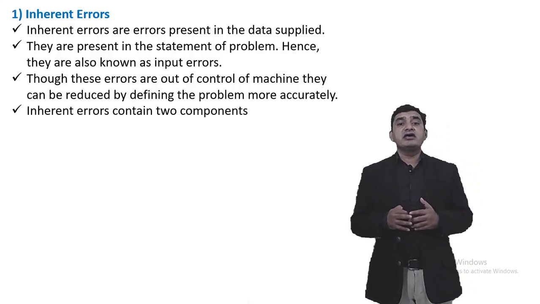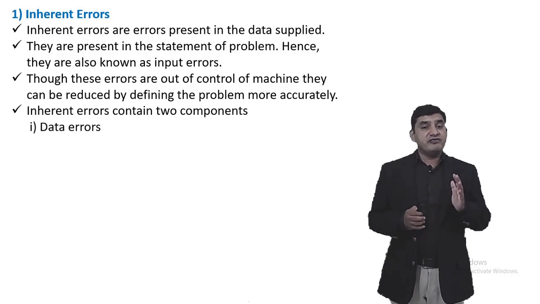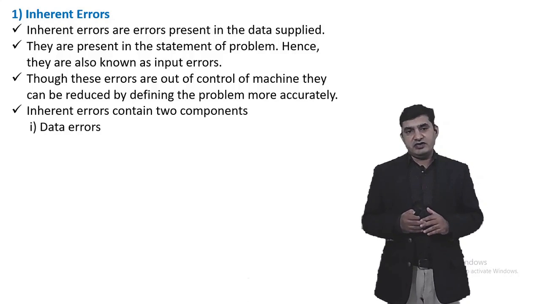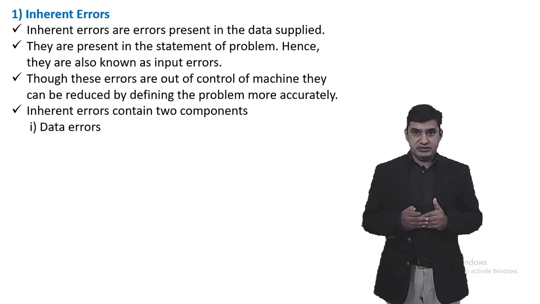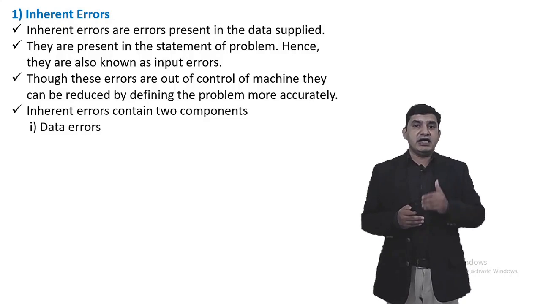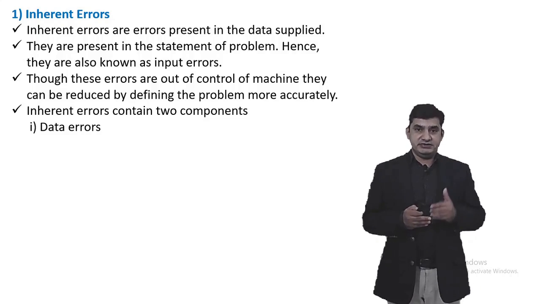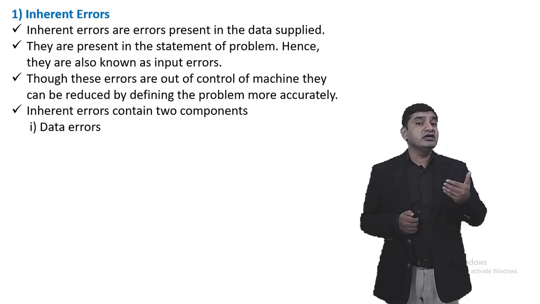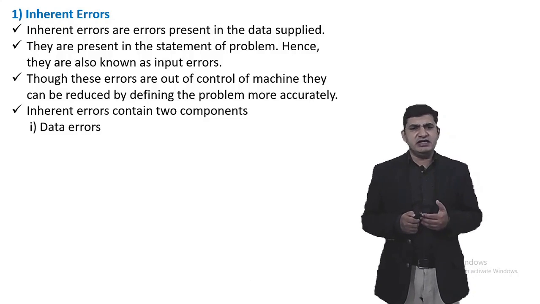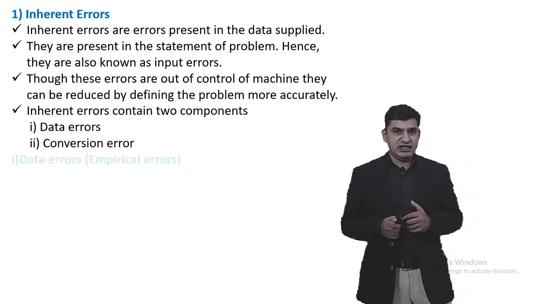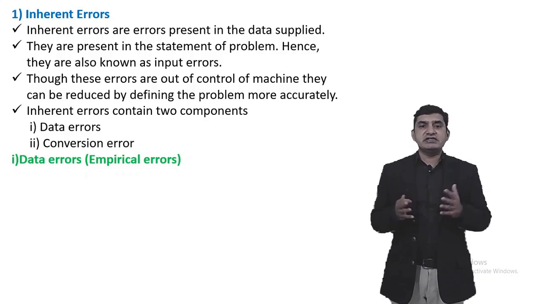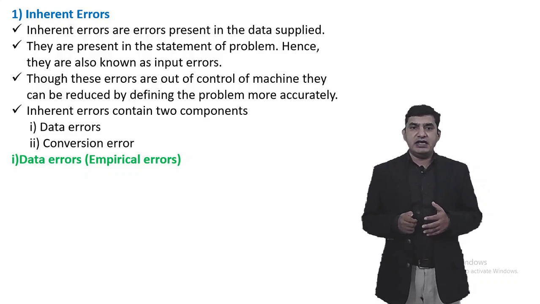Inherent error contains two components. First, data error, that is, it is due to the data supplied to the computer. Second is conversion error. Data error is also known as empirical error.